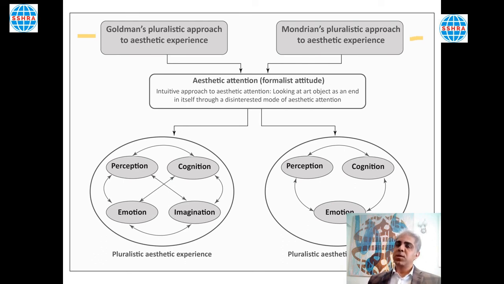It is based on the disinterested contemplation of the work of art and formal elements. But the aesthetic experience for both of them is pluralistic, except that Piet considered no role for imagination, so it wasn't important. But when we read Piet's writings through the lens of Goldman's pluralistic approach, we find that it is very, very similar to Goldman rather than to the formalists, as was discussed a lot before.